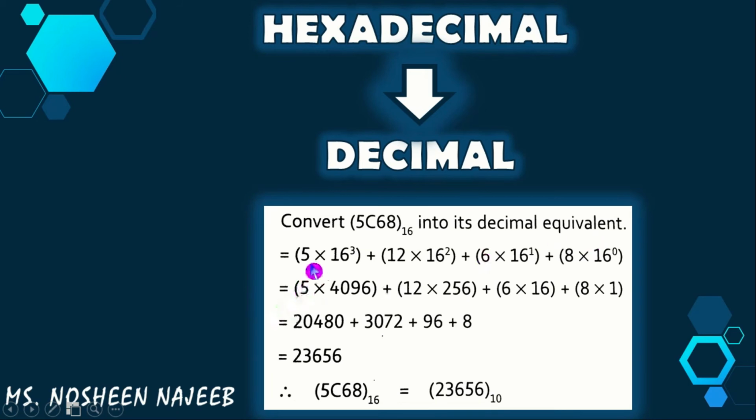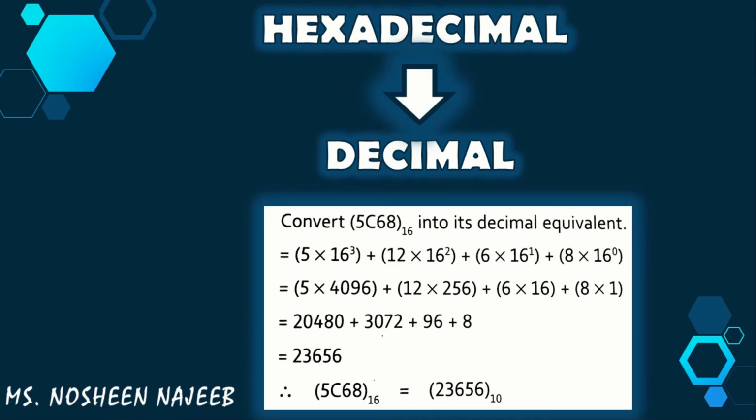Alright class, here we have the first step. How many digits do we have in the hexadecimal number? 4. As you can see, 5 is the first set. C is equal to 12 in hexadecimal number system. So wherever you have letters from the hexadecimal number system, you will write the digits of their equivalent.